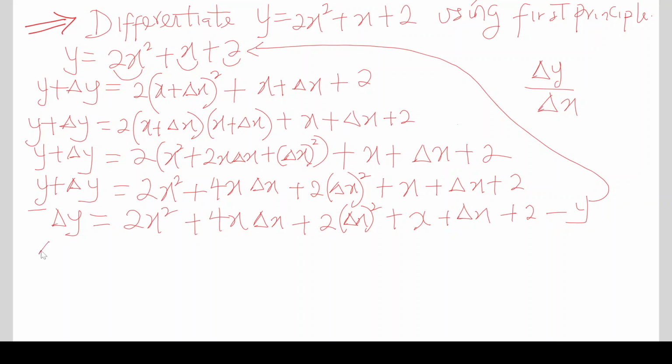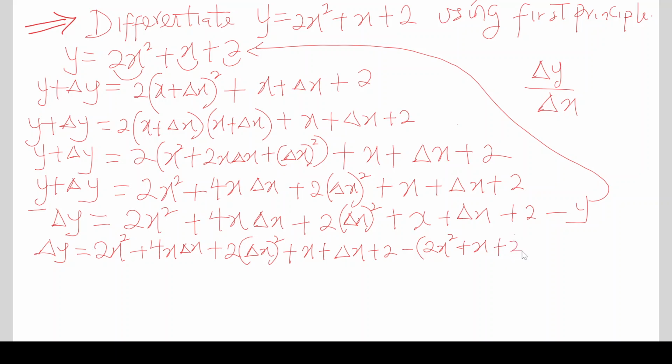So we have delta y equals 2x squared plus 4x delta x plus 2 delta x squared plus x plus delta x plus 2, then minus, with a bracket because we have more than one term, 2x squared plus x plus 2.